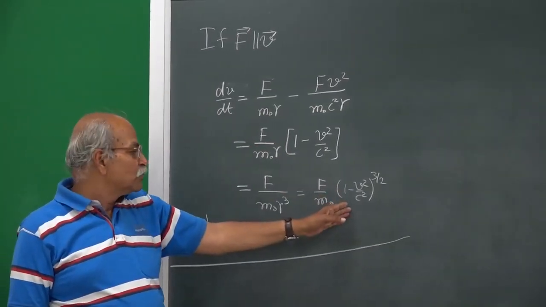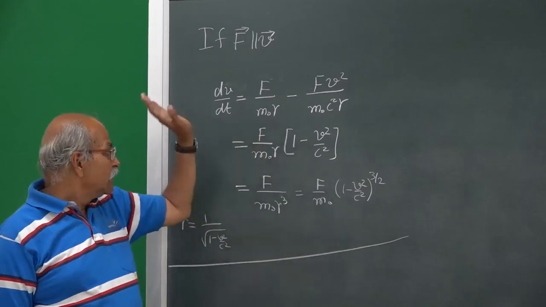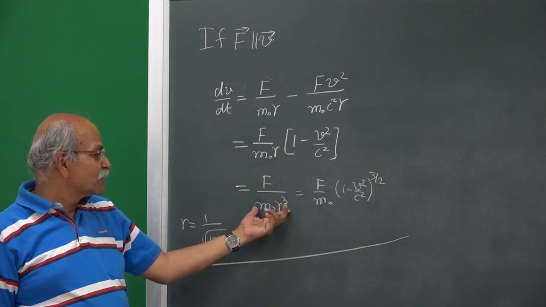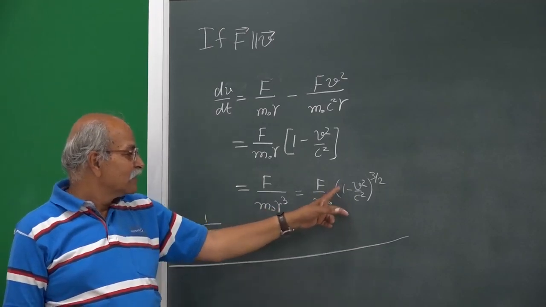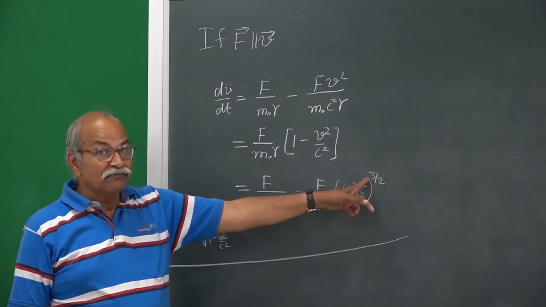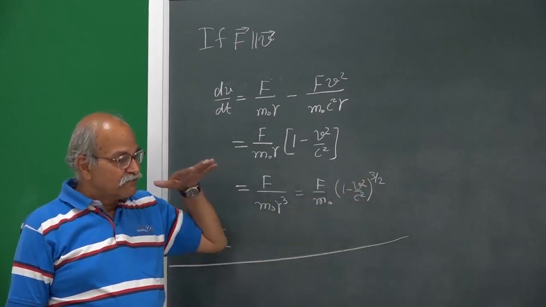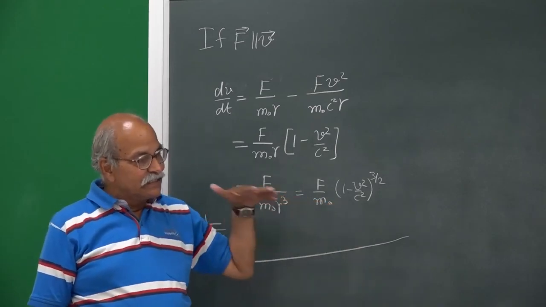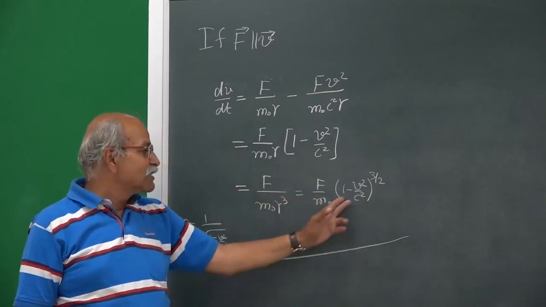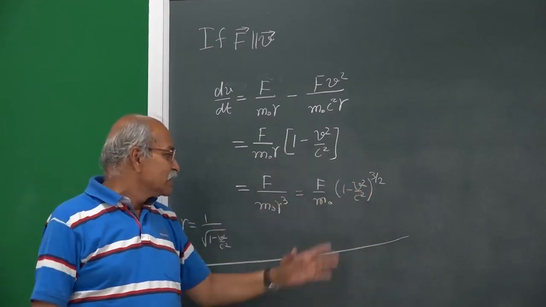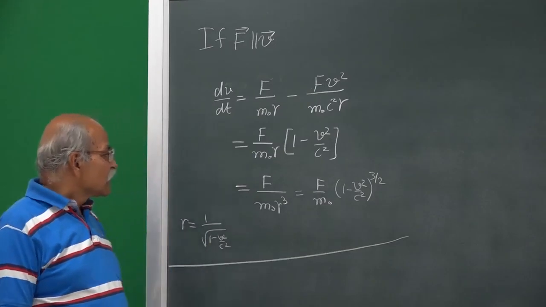If you want to say that it is still in the form of force divided by mass, then your mass is m naught divided by 1 minus v square by c square to the power 3 by 2. So, for the cases where the velocity is in the direction of force, you have this kind of mass. If you want to define another mass, it is like this.